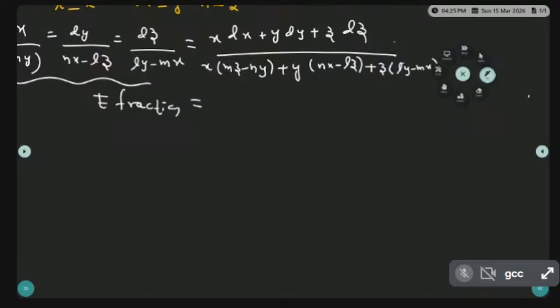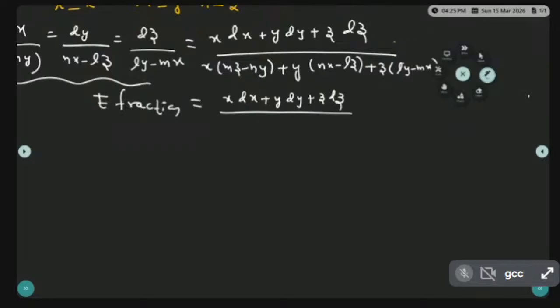Each fraction, instead of writing the LHS, I'm writing each fraction. What is the right side? x dx by what is the denominator?